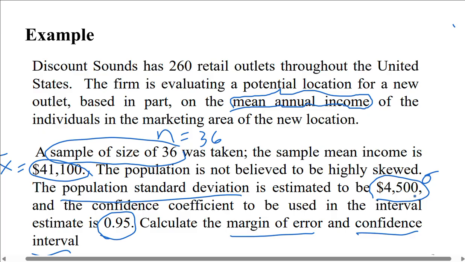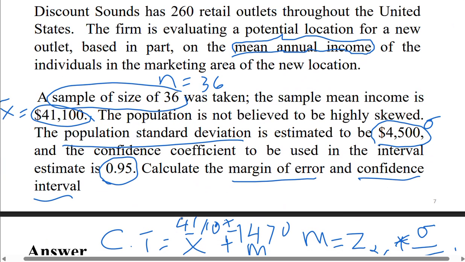And so we know our population standard deviation, we know our sample size, and we know our sample average. The confidence coefficient to be used in the interval estimate is 0.95. And so our confidence level to estimate for the entire population is 95%, 0.95.